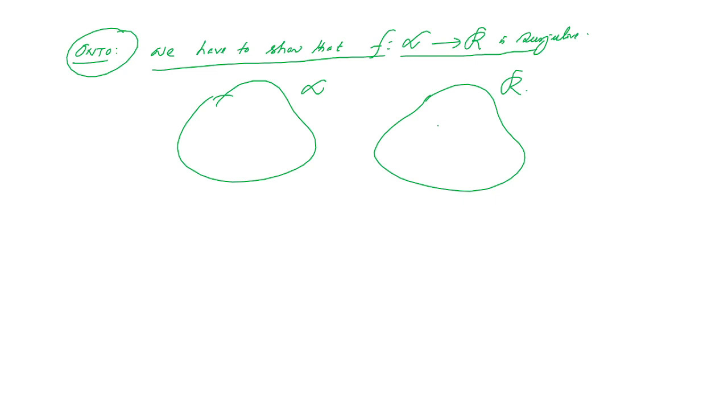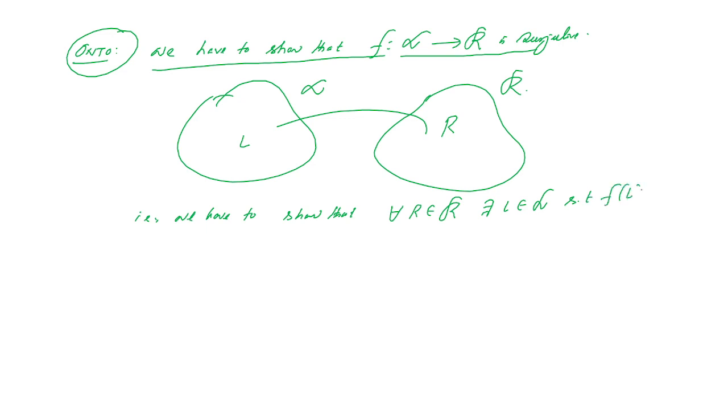We will take a right coset here, say R, and there exists L such that f of L equals R. So we have to show that for all R belonging to the set of all right cosets, there exists L belonging to script L such that f of L equals R.